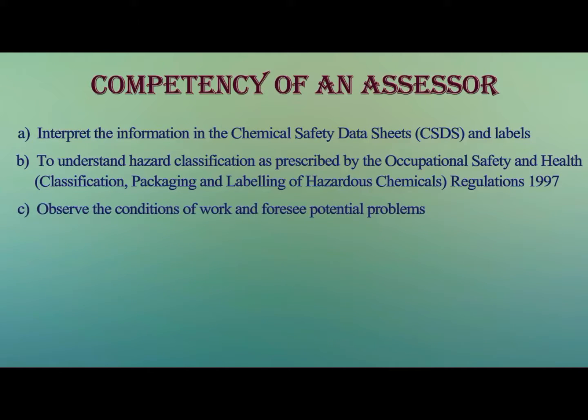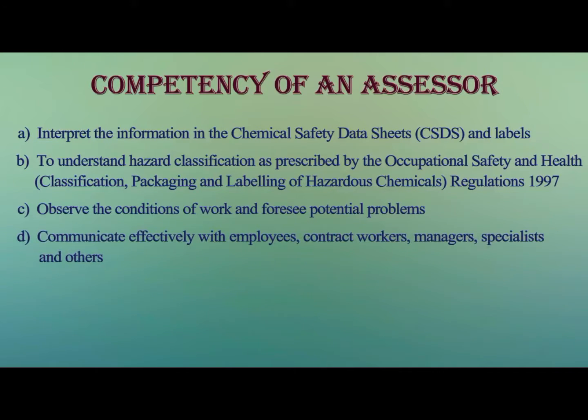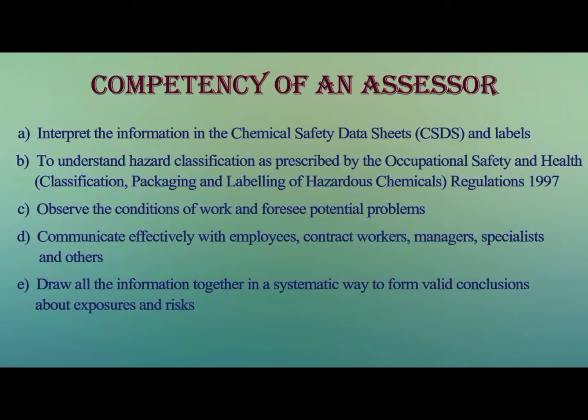C. Observe the condition of work and foresee potential problems. D. Communicate effectively with employees, contract workers, managers, specialists, and others. E. Draw all the information together in a systematic way to form valid conclusion about exposure and risk. F. Report the finding accurately to all parties concerned.